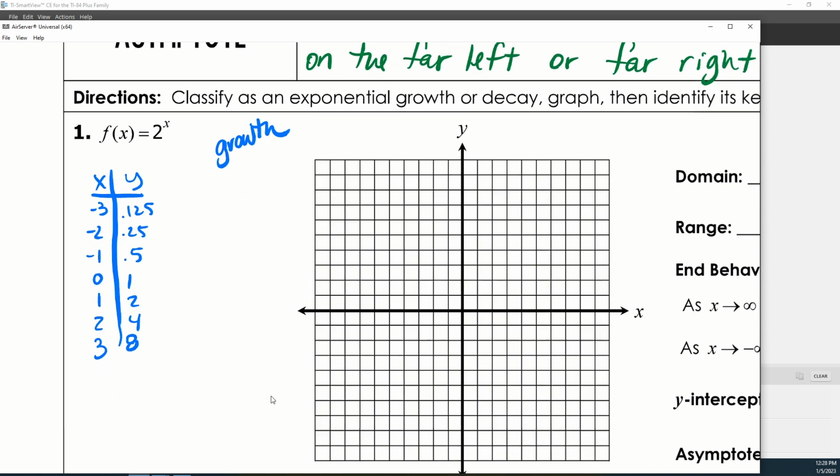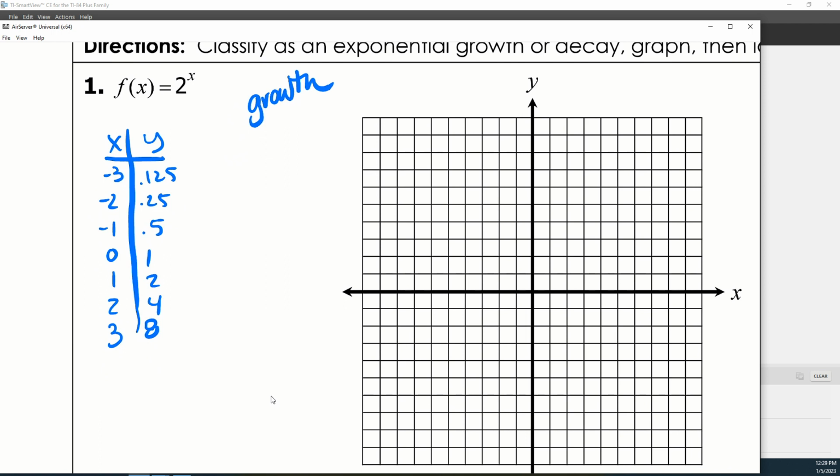All right, and then I'm going to plot those points. So 0.125 is super, super close to 0, so -3, and then just right above the x-axis. 0.25 is also pretty close to 0.